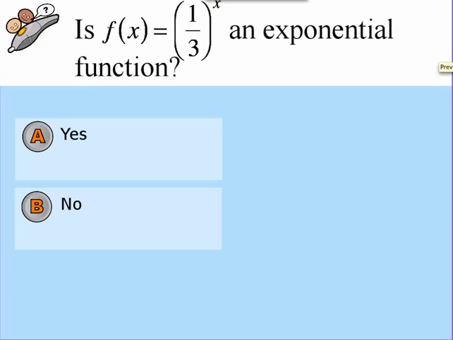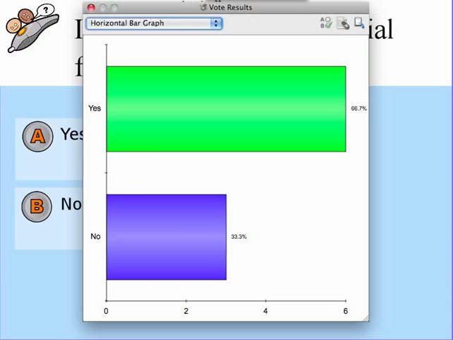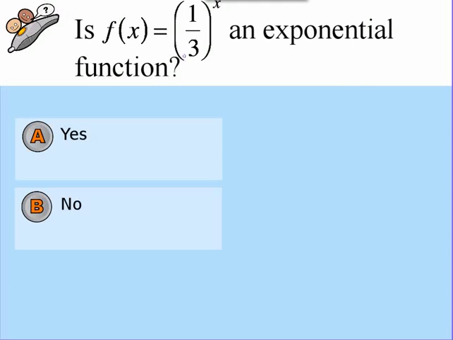And then let's look at this one. 1/3 to the x power. Is that an exponential function? Yes, it is an exponential function, because remember, b can be a fraction. It just has to be positive.